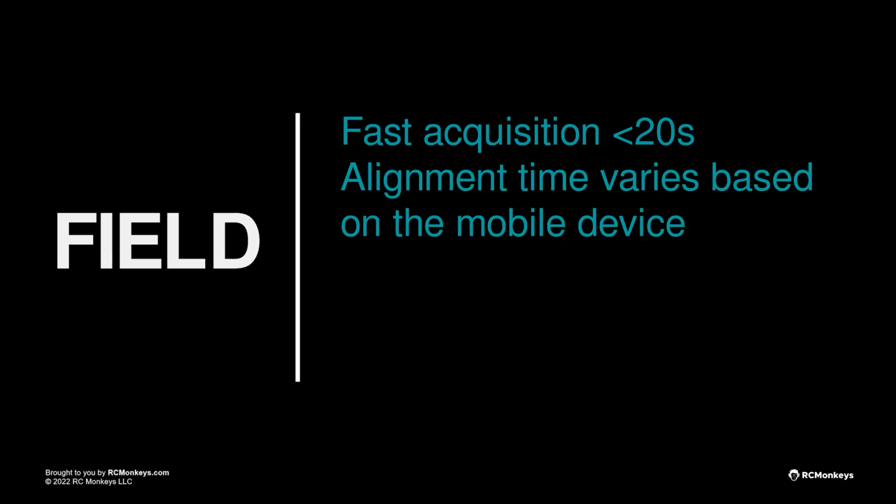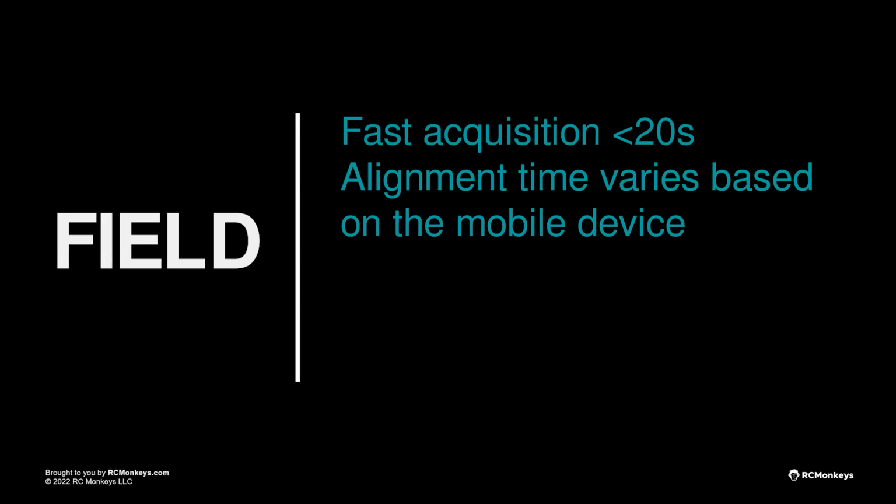So in terms of the alignment, obviously we're using a mobile device in order to control the camera. There's no touch screen or anything like that. So initially we wanted to test it with 2 mobile phones. We used an iPhone 13 and a Galaxy S9 Plus, so an Android device and an iOS device. There was quite a difference between the two. And then the last test that we did was on a last generation iPad Pro.